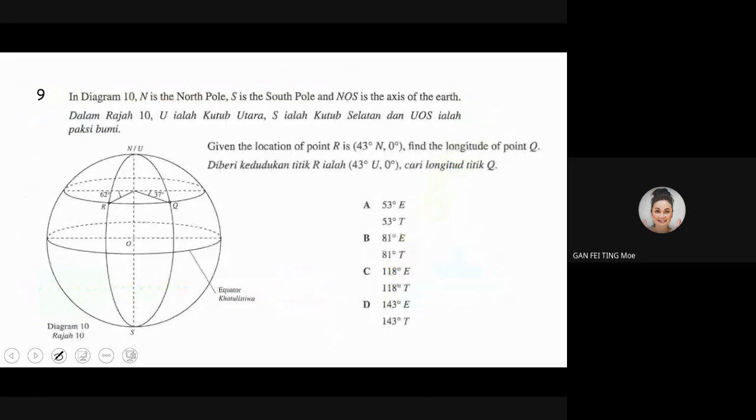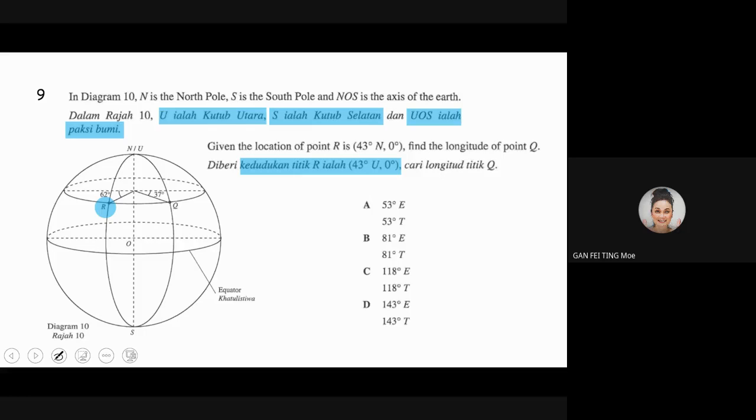Okay, now I go to Earth, the Earth surface, Earth as a sphere. In diagram 10, N is the North Pole and S is the South Pole, and NOS is the axis of the Earth. Given the location of point R is 40 degree N and 0 degree. 40 degree N means 40 degrees north on the upper half of the globe.